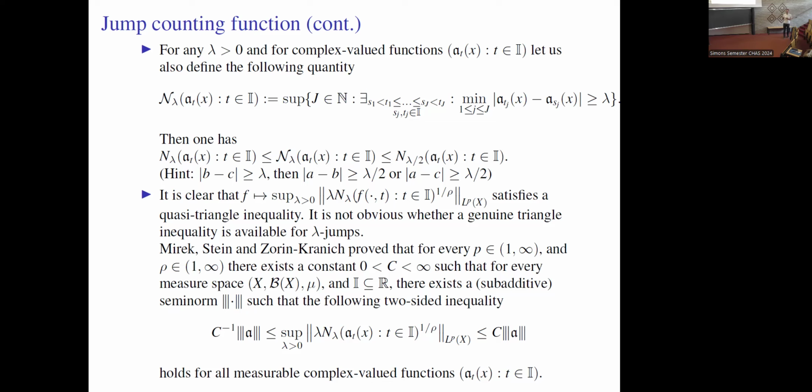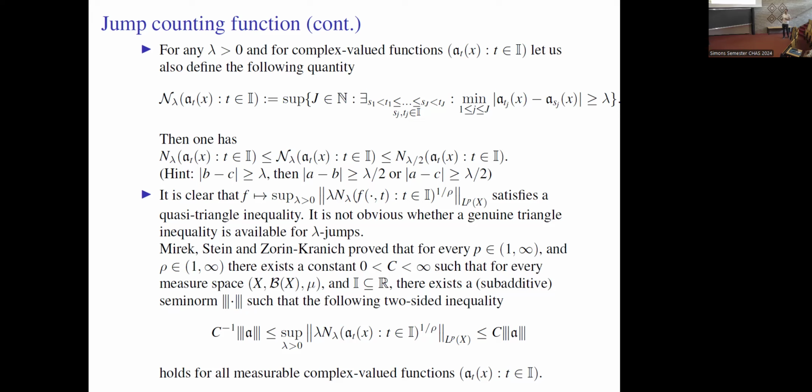I forgot to mention that yesterday, but in that situation, the norm which I gave you as a definition of the weak L^p spaces possesses a quasi-triangle inequality, but if p is strictly larger than 1, then it's possible to define another norm which is equivalent and which has the triangle inequality.